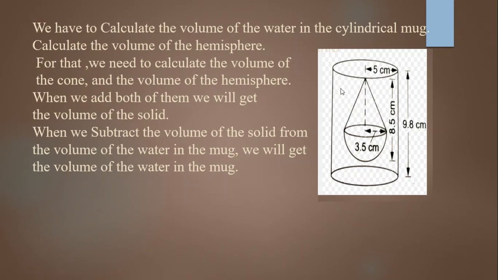In order to get the volume of the water left over, we need to find the volumes of the cone as well as the hemisphere. When we find these volumes, we add both of them to get the total volume of the solid.